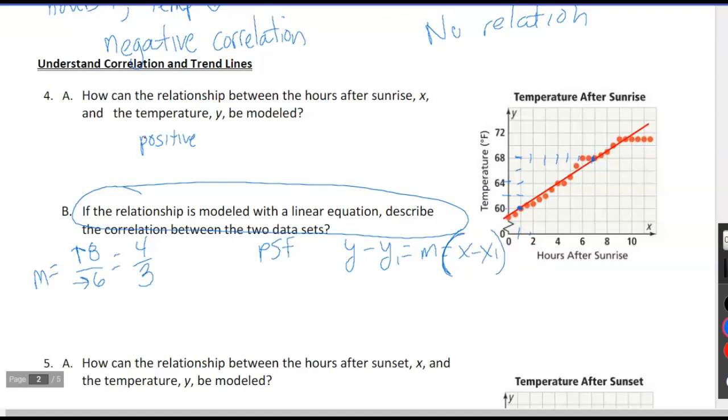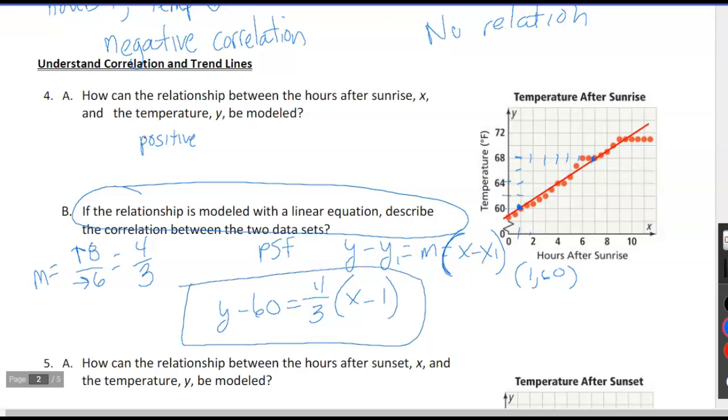So if I picked an easy point here, we could just do 1, 60. That seems to be a good point. So y minus my y1, which is 60, equals my slope, which we said was 4/3, times x minus x1, which we said was 1. So that's an equation.